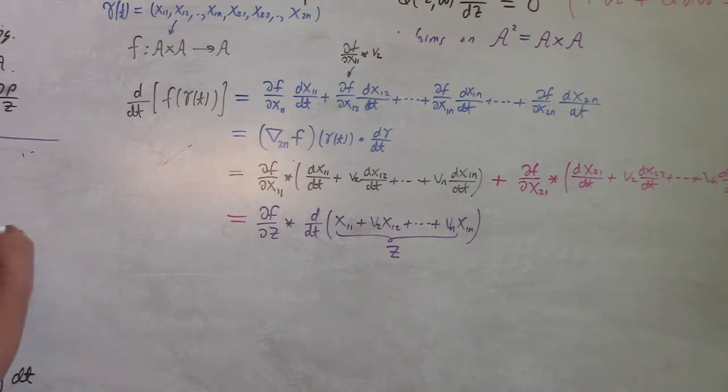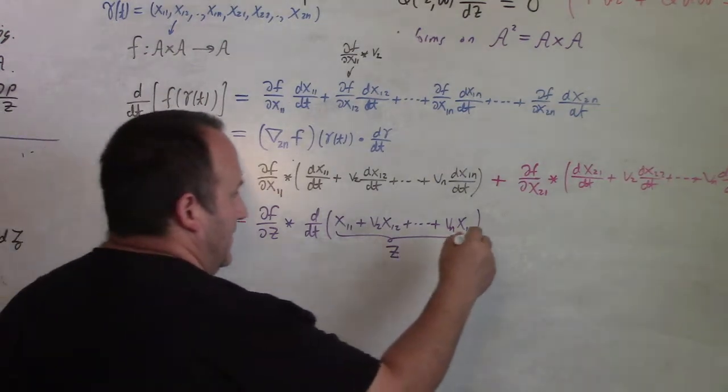It's a linear combination of the first n variables in the A cross A. You had it somewhere up there. I erased it. We need more boards.